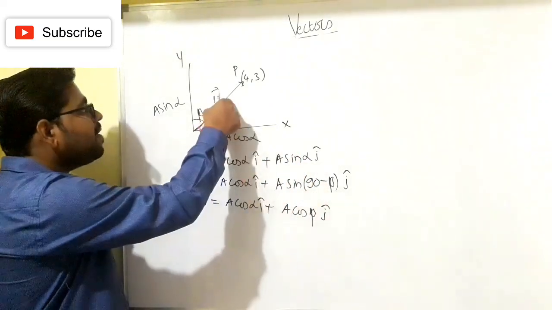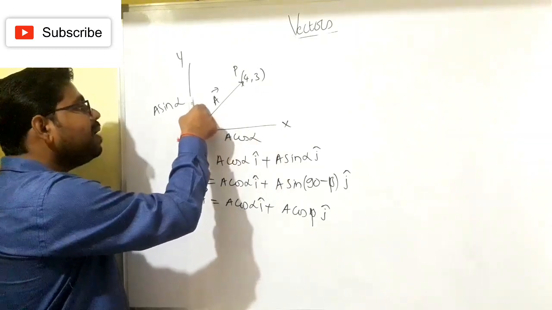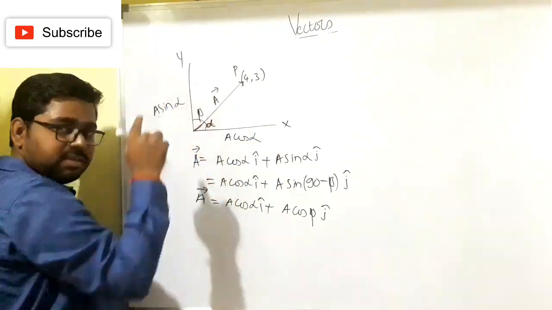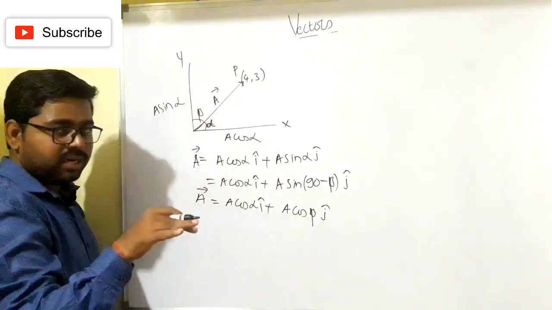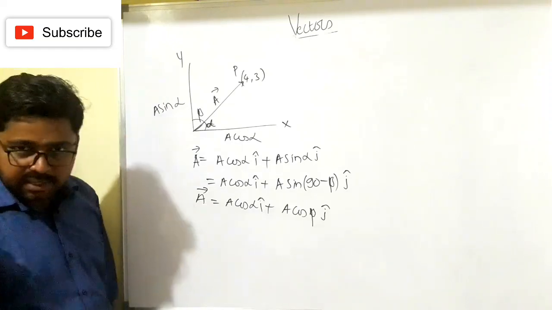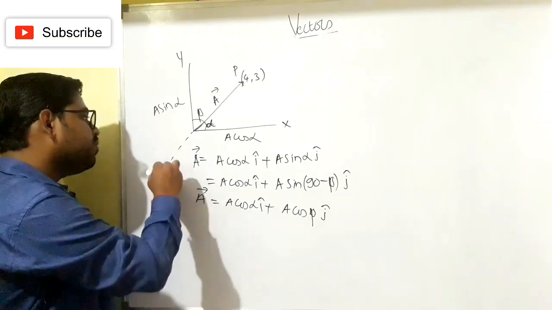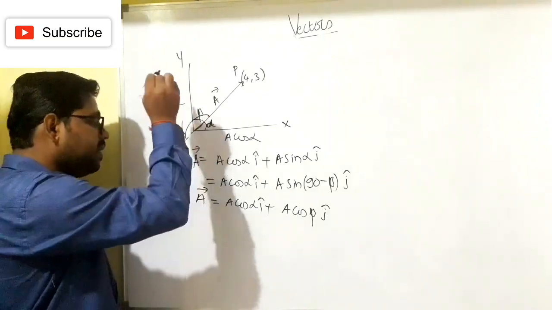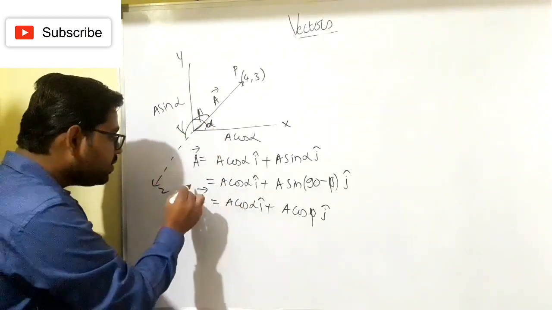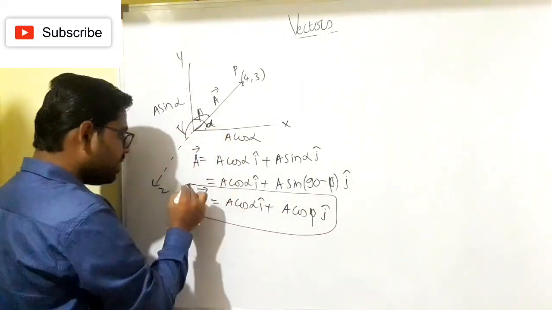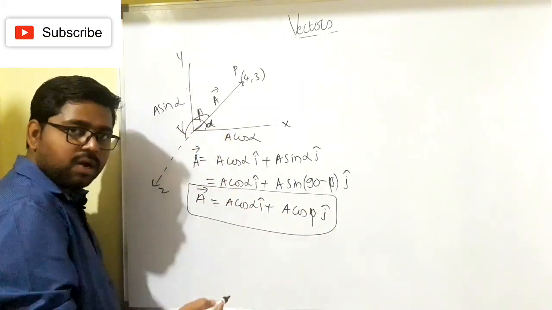Alpha is the angle made by this vector with the x-axis. Beta is the angle made by this vector with the y-axis. If I have one more axis, let's consider it is the z-axis, and it is making an angle gamma with the z-axis. For two axes, A vector is equal to A cos alpha i cap plus A cos beta j cap.